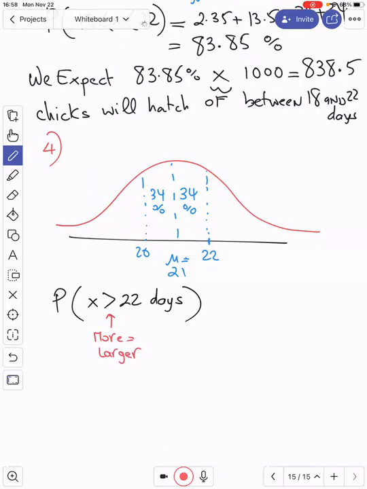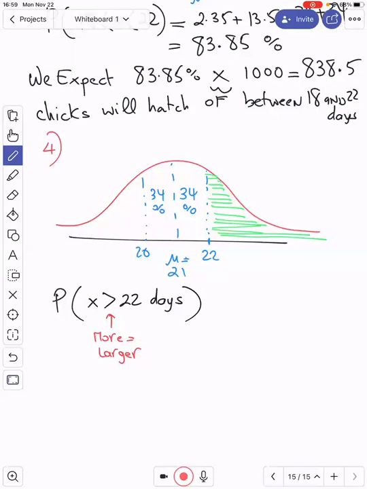So the probability that x is more than 22 is the region on the right of 22. The corresponding region would be this one here, on the right of 22. If it was less than 22, that would be the region on the left of 22. Here, it's more than 22.